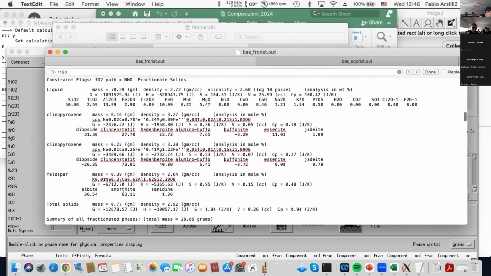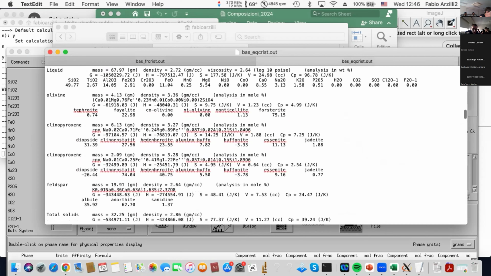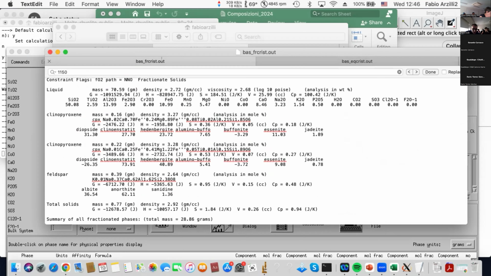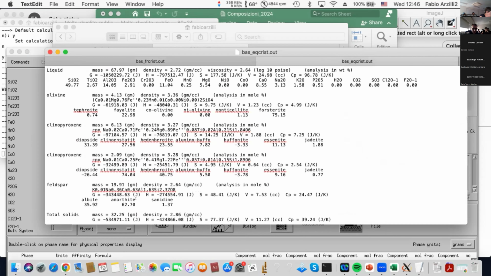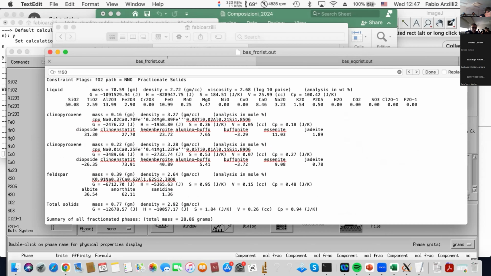And the feldspar has 62 anorthite for the fractional crystallization. This is how much? 62. They are similar, more or less. Similar, slightly lower for the feldspar in the fractional crystallization.